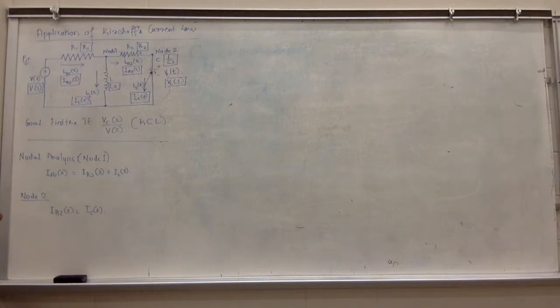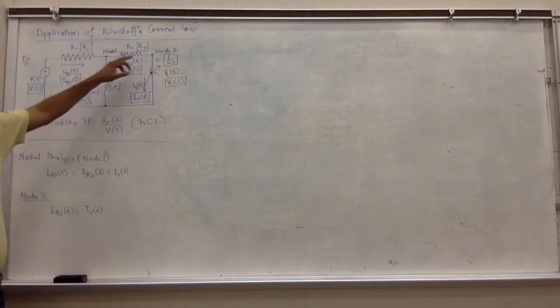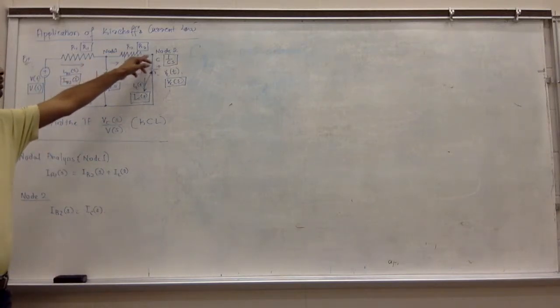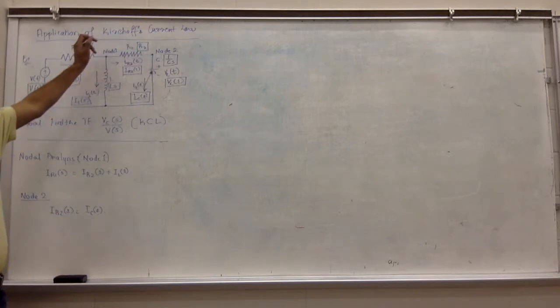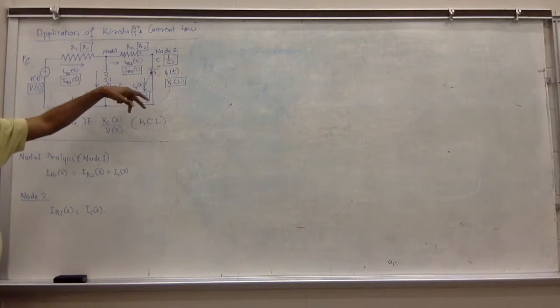Wait, no. The current going through this is the same as the current going through this, because there's no split. So there is a node here. Kirchhoff's current law says current going in is equal to current going out.